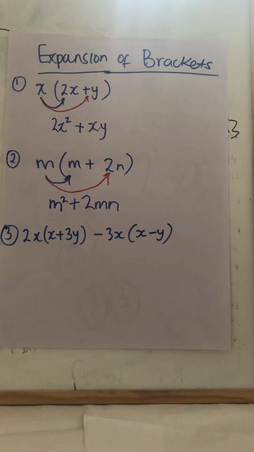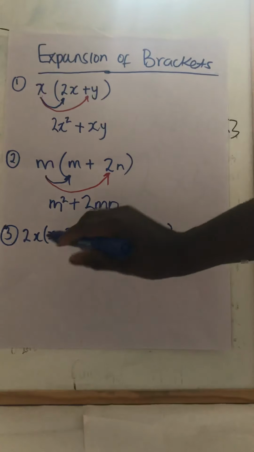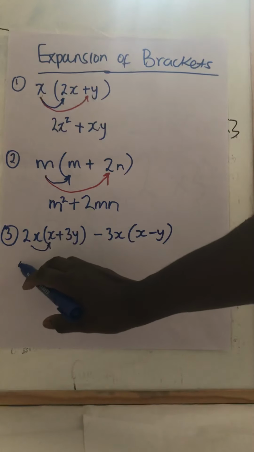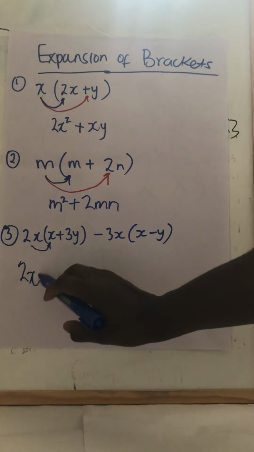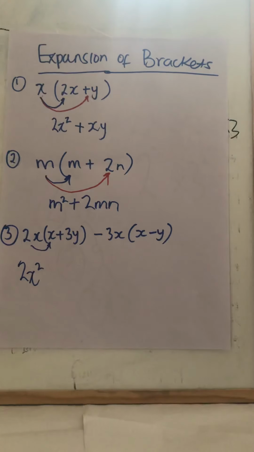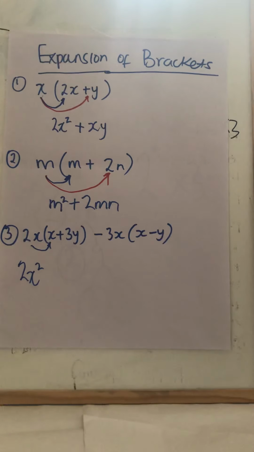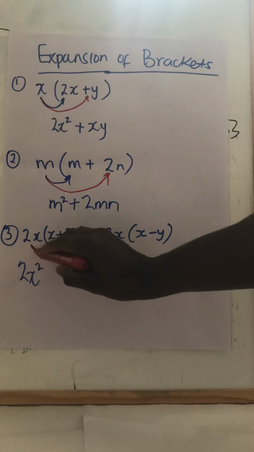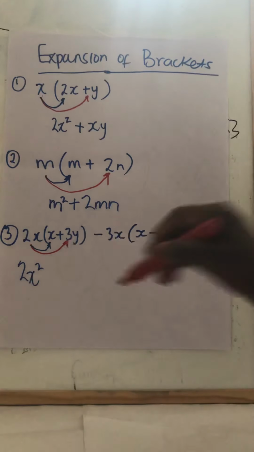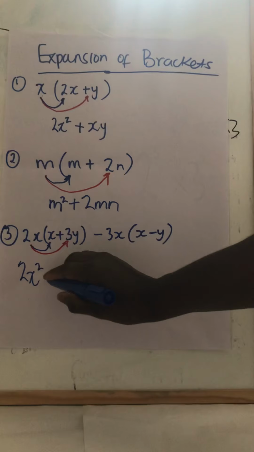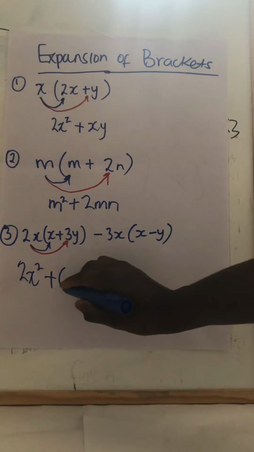Question number 3. 2x multiplied by x would give me 2x squared. And I'm going to do 2x multiplied by 3y, and that will give me plus 6xy.